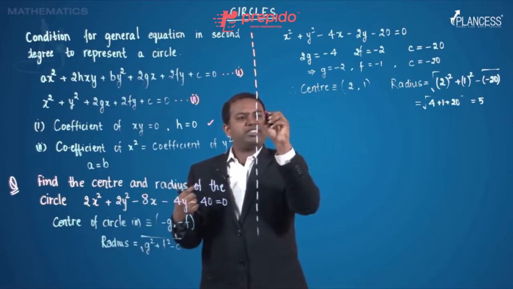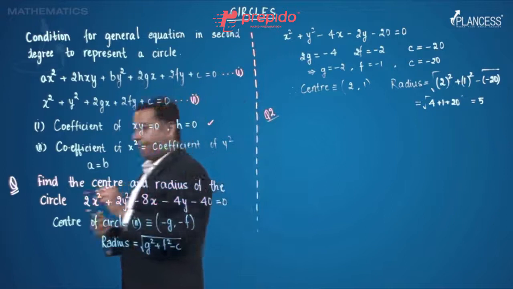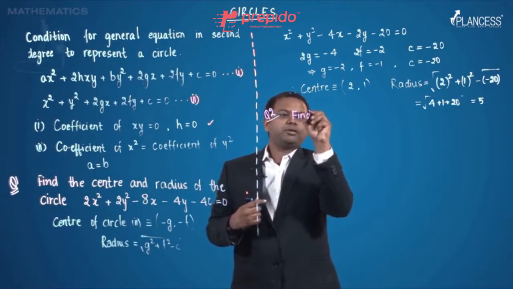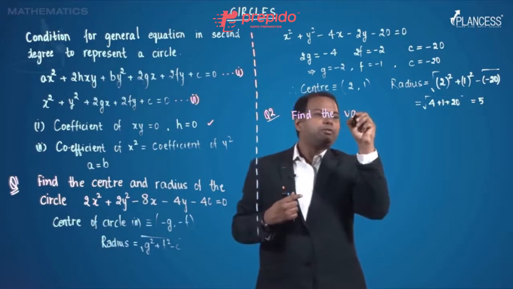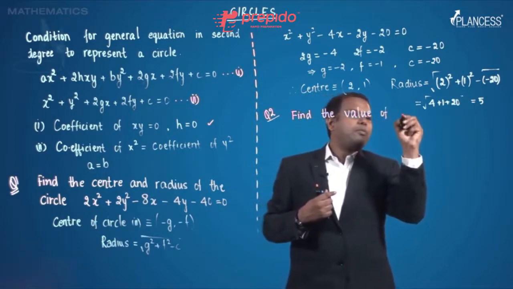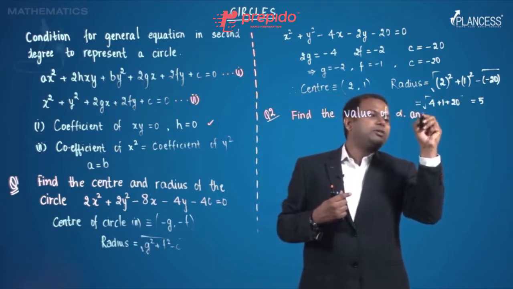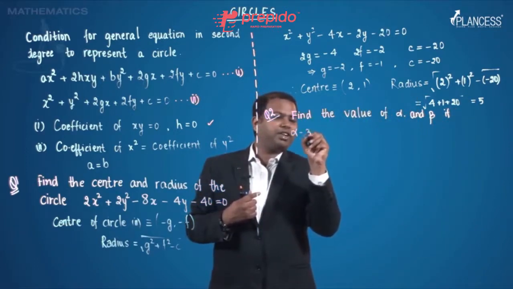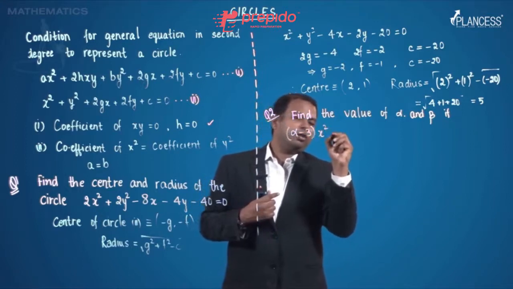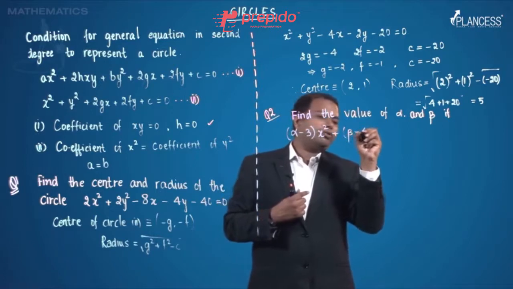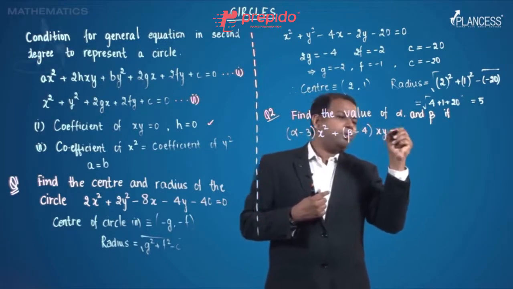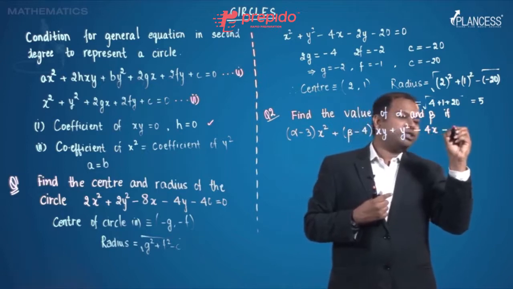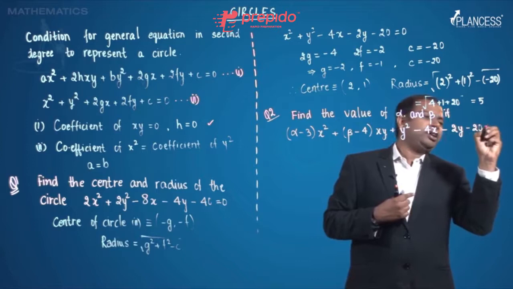So you might come across a question which says, let us say this is our question 2, which says find the value of constants alpha and beta if alpha minus 3 x square plus beta minus 4 x y plus y square minus 4x minus 2y minus 20 is equal to 0.